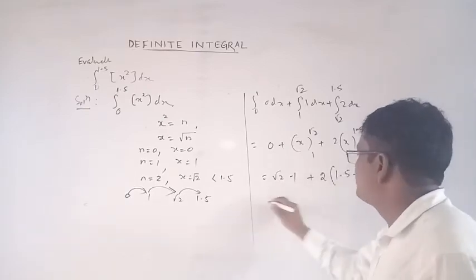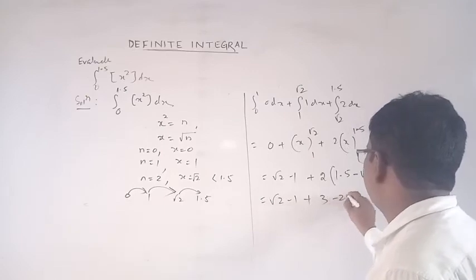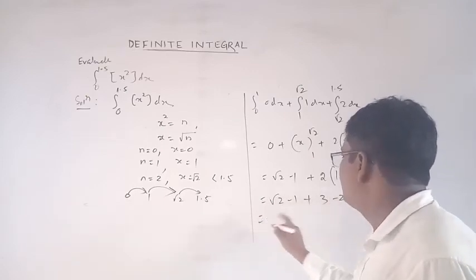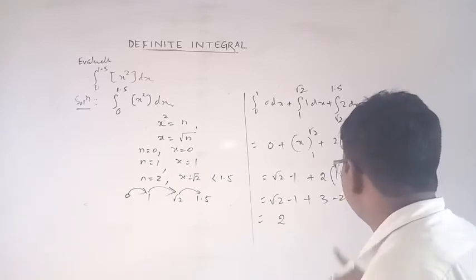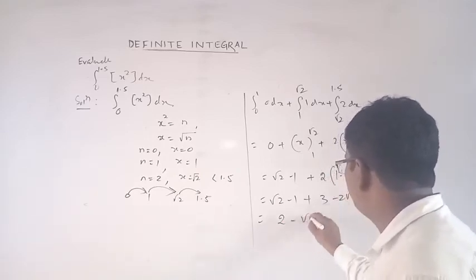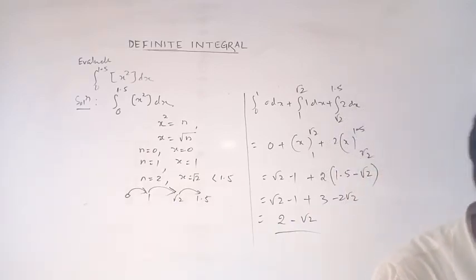Okay, so root 2 minus 1 plus 3 minus 2 root 2. So that is 2 minus root 2. 2 minus root 2 is the answer.